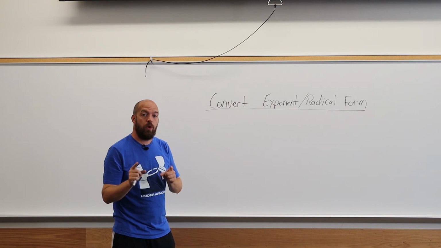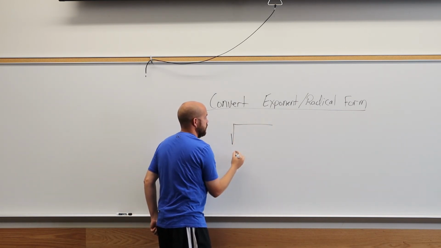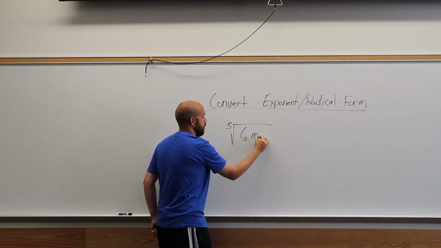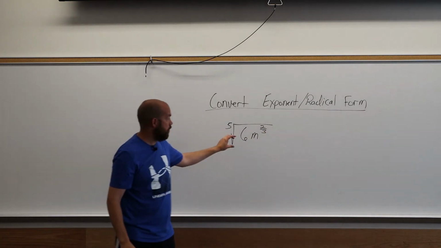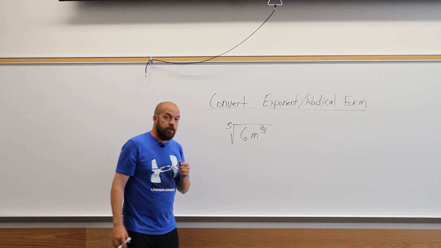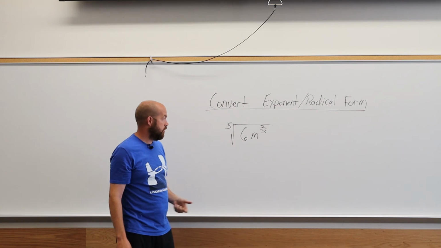All right, one more quick one just to make sure that we're good. Let's say we've got the fifth root of 6m to the 2/3 power, and I want to convert this into exponent form. The first thing we need to know is what the exponents are for the stuff on the inside.